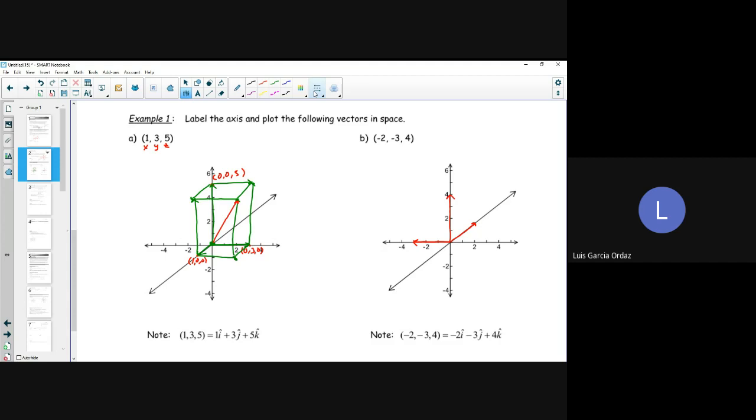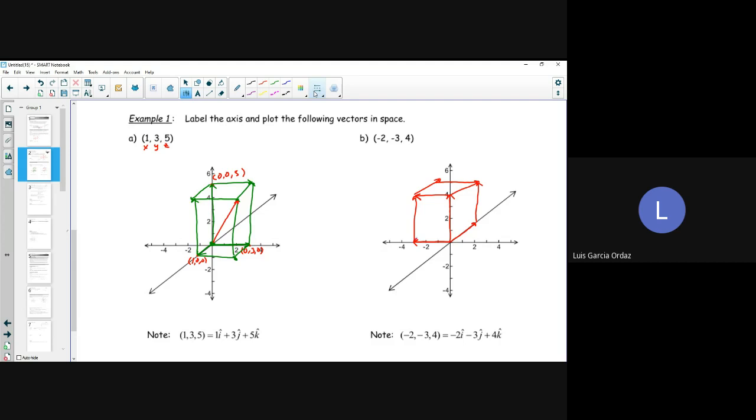So now from here, I can start drawing the rest. So I'm going to go negative 2 units this way, which means I'm able to connect these two. I can go negative 3 units into my y-axis, connect those two. Negative 2 units into my x-axis, means I can connect these two guys over here.